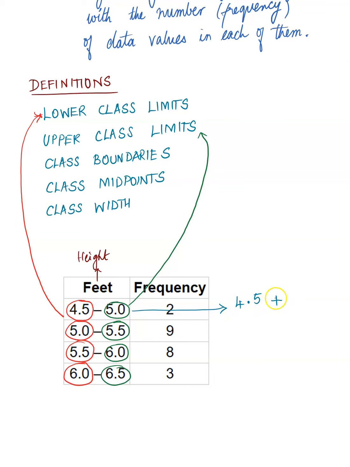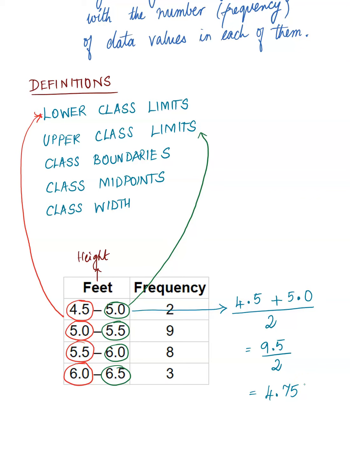So the lower limit is 4.5 for the first class, and the upper limit is 5.0, and then you divide it by 2. So you can see that this is 9.5 divided by 2, and then go ahead, use your calculator, and it comes out to be 4.75. So the midpoint for the first class would be 4.75.